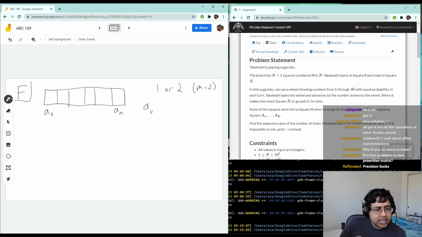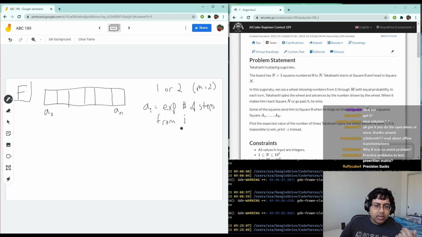And let's let a0 equal the expected number of steps from, oh, actually, sorry, let me call this ai. So if you're starting at the ith square, we want ai to be how many more steps you're going to need to take in expectation.